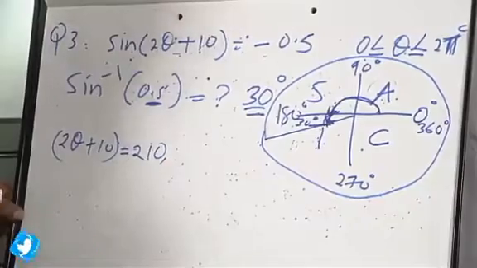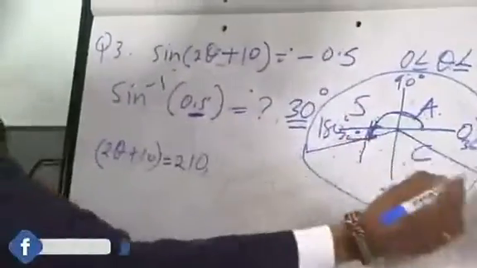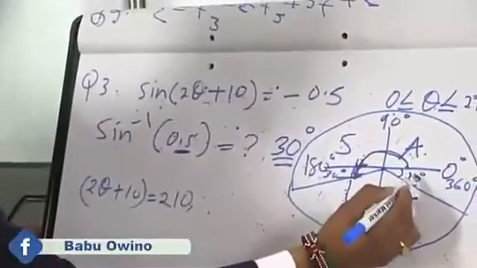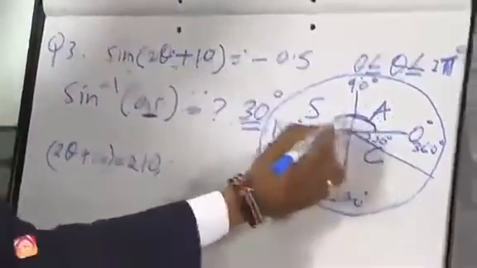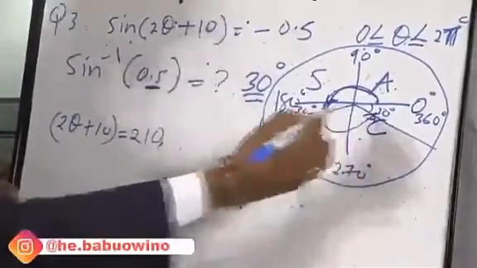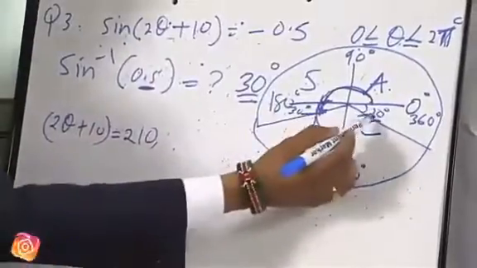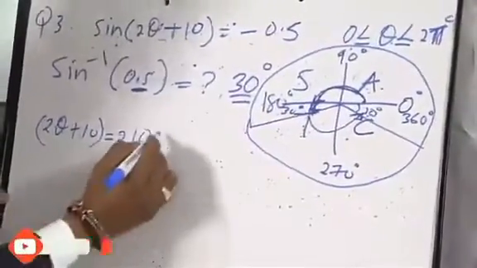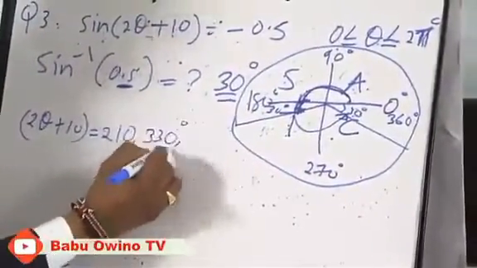Our second angle, if the angle is 30 degrees, is 360 minus 30 degrees. You get 330 degrees.